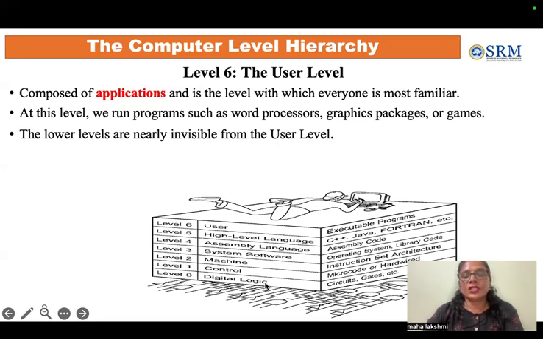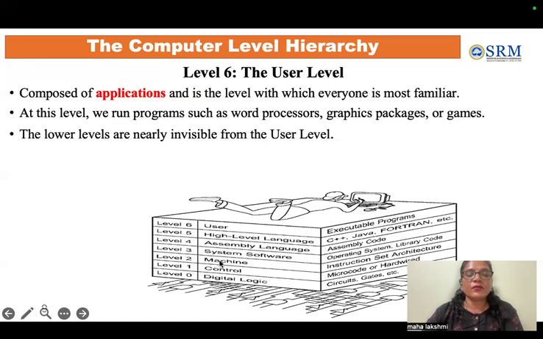Level 0 is digital logic, where we have circuitry in the form of gates and normal circuits with electronic components. Level 1 is the control unit. In this control unit, the kind of circuitry we have is microcode and hardwired control signals. Everything comes under level 1.